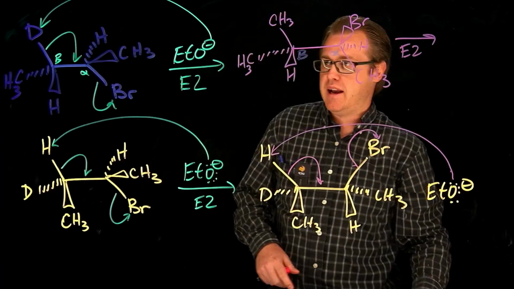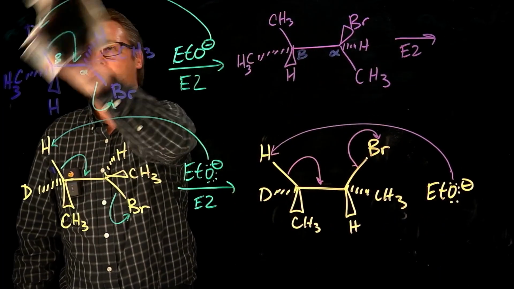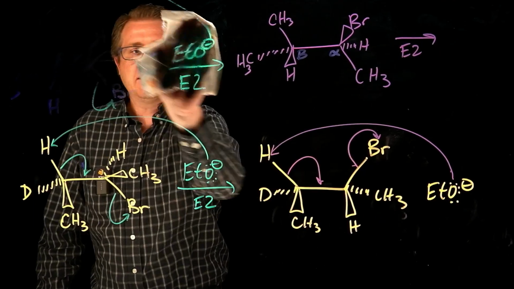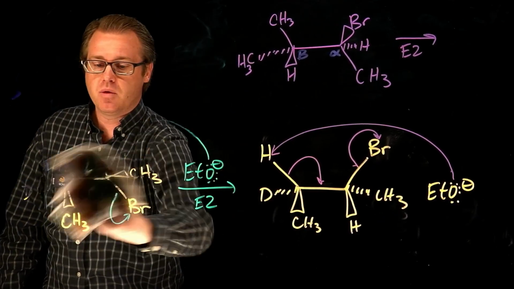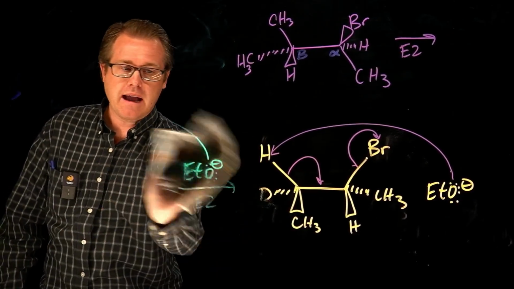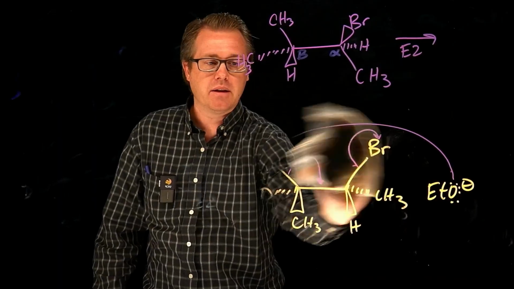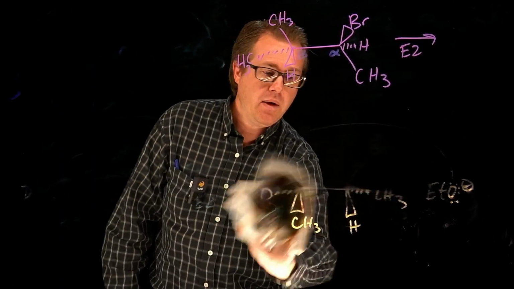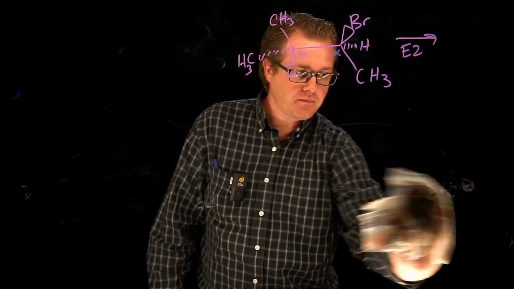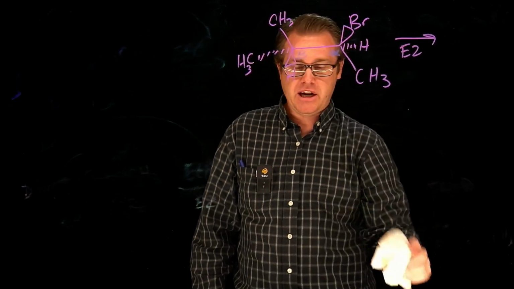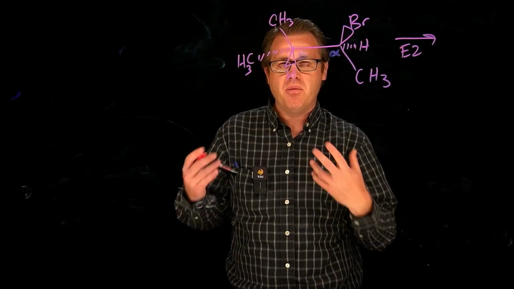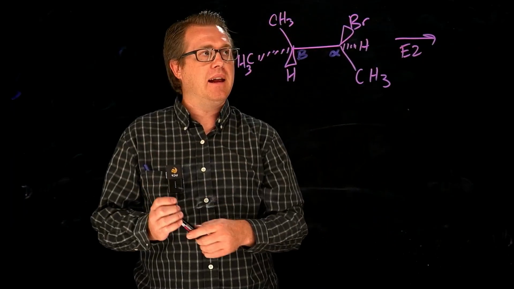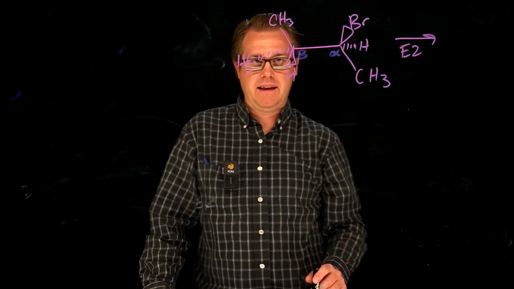So we have to rotate it to make it in the anti-periplanar conformation so we can figure out what our alkene is going to look like. So one way that I like to do it is draw Newman projections. All right. And these Newman projections help me to orient everything in its proper space.